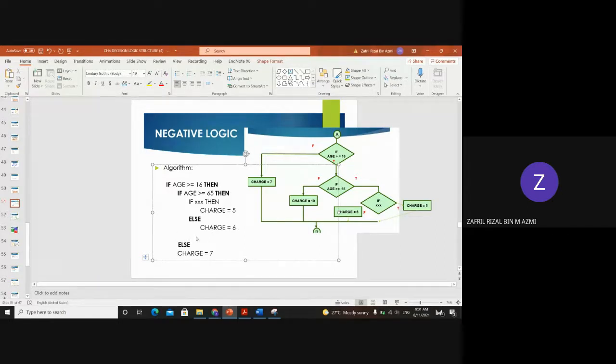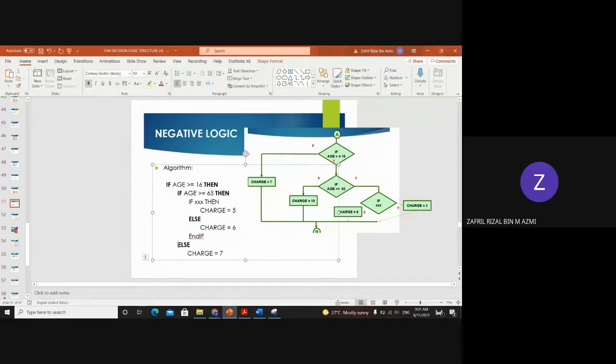So this is an if lah. Okay, and if. So this one, and then the charge is 10. Okay, slightly to the right. Charge is 10. Okay, this is the false.